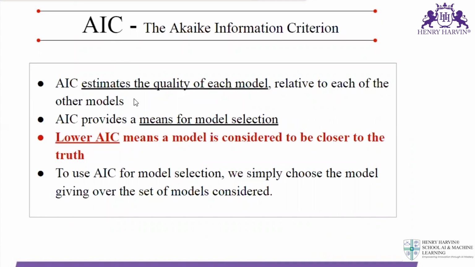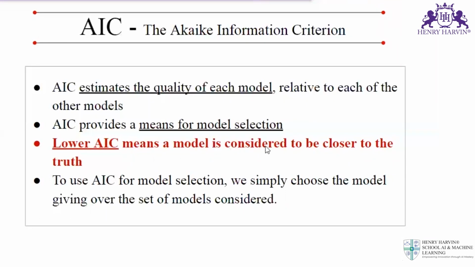When we are creating models, we will not get it at once. We have to create multiple models in order to get to the best model. AIC helps us to estimate the quality of each model. Lower AIC means the model is considered to be closer to the truth.